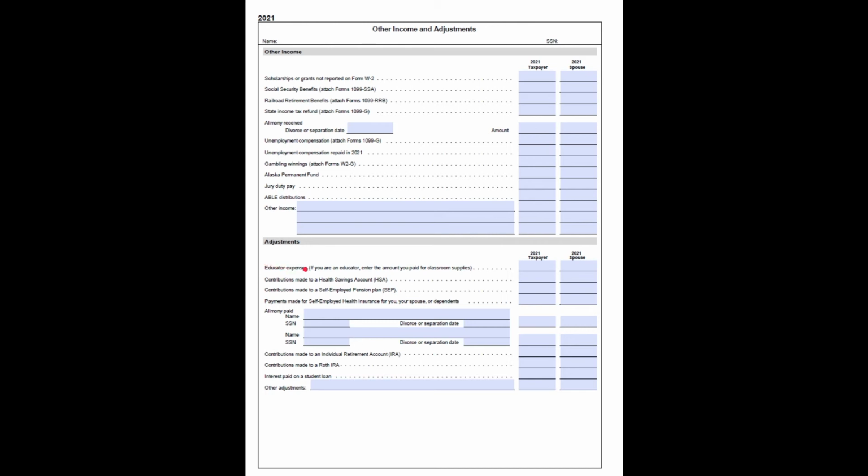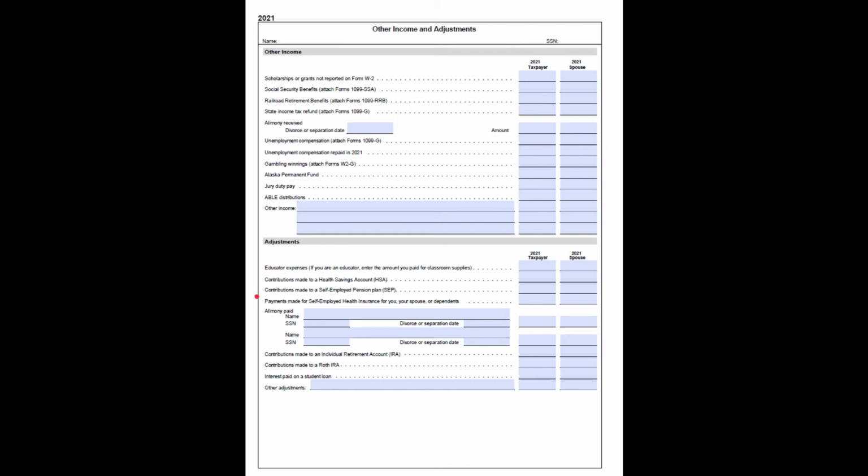Now, adjustments, the adjustment section is going to be for things like educator expenses. If you are an educator and you paid out of pocket for any classroom expenses, that is a deductible adjustment to your income of up to $250. So make sure you put that information in there. If you made any contributions to an HSA, contributions made to self-employed pension plan, and payments for self-employed health insurance.